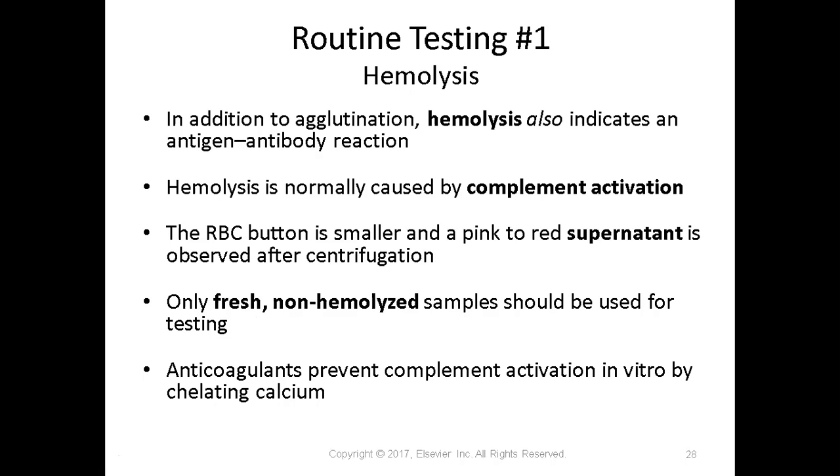If they centrifuge it down and they see that the serum or plasma is pink to red to start from hemolysis, they will reject that sample. We need to have normal, nice, straw colored serum or plasma because when it changes to pink to red during our testing, that means hemolysis is a positive reaction. So we can't start out with hemolyzed samples.